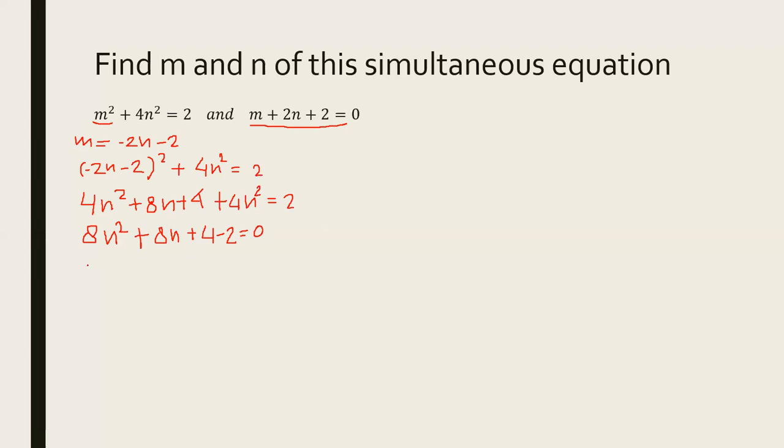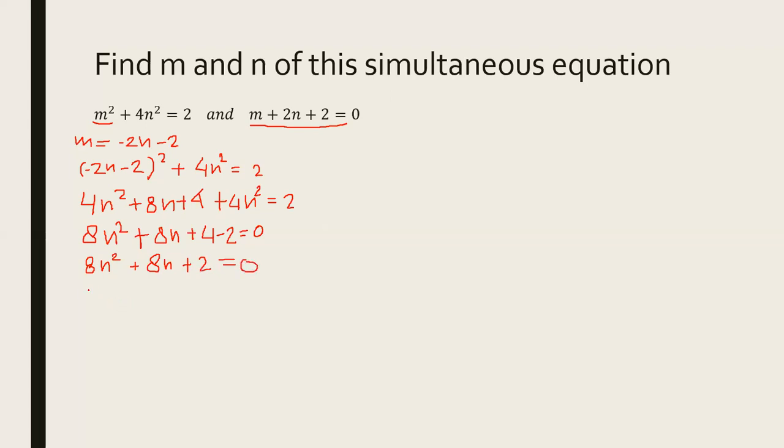And we're going to simplify, it becomes 8n squared plus 8n plus 2 equals 0.